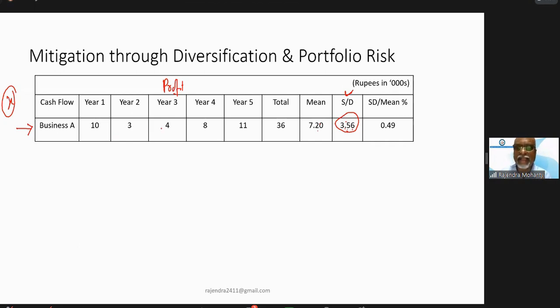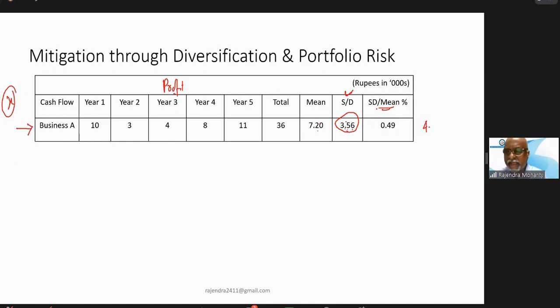If the net cash flows are constant, those types of business are called zero risk, or we can call risk free. So when the net cash flows are variable, then we can say this is not a risk free business. So this business is risky because every year it fluctuates. The profit is fluctuating.